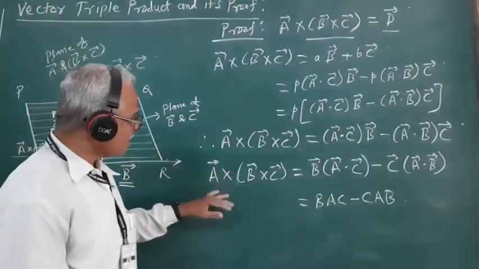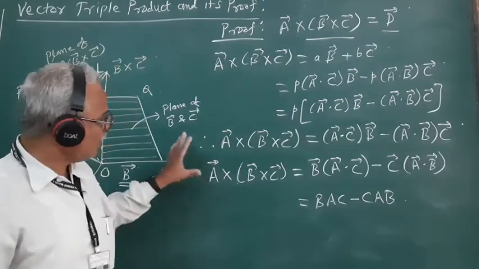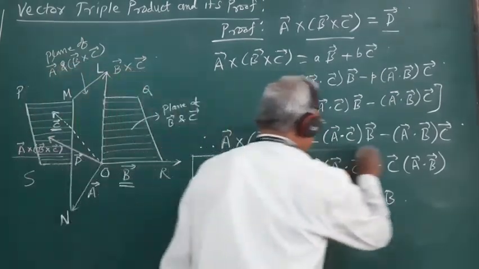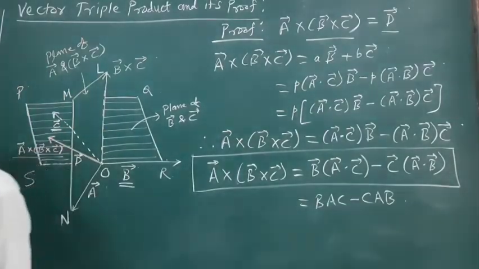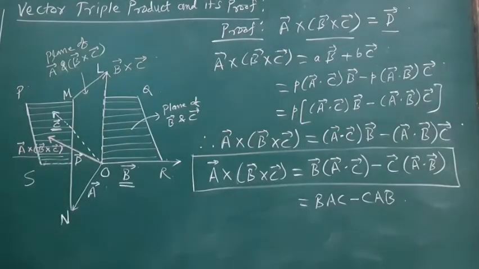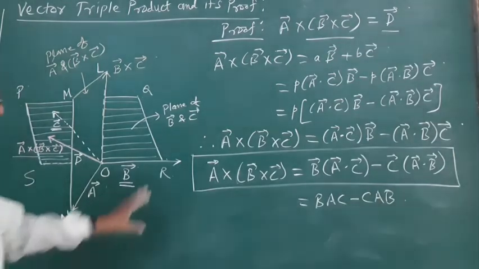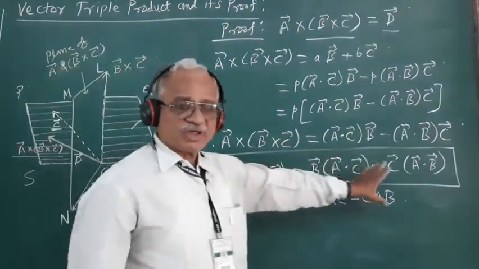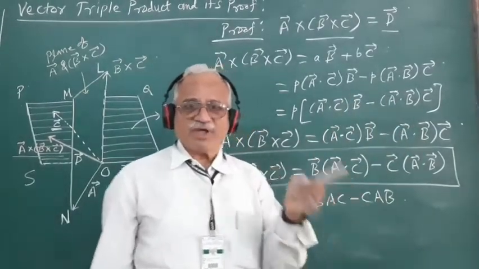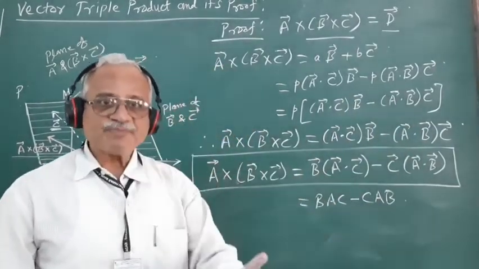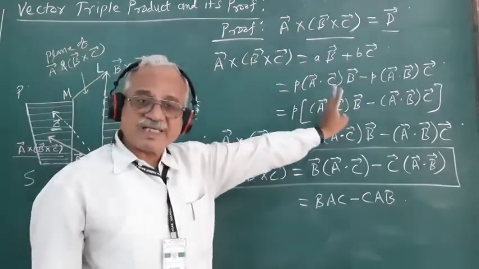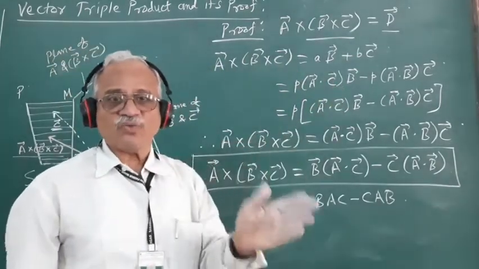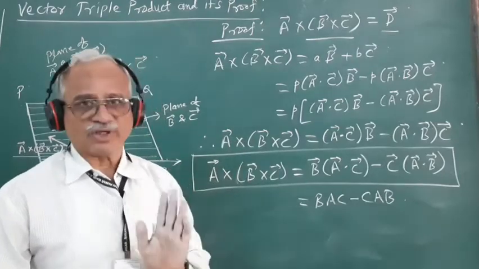So this is how we can express the vector triple product of the three given vectors A bar, B bar and C bar. The proof can also be obtained by expressing the three vectors in terms of their rectangular components.